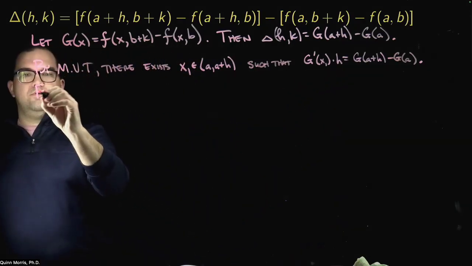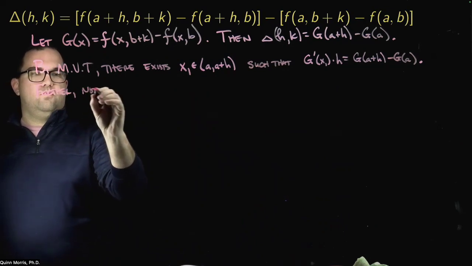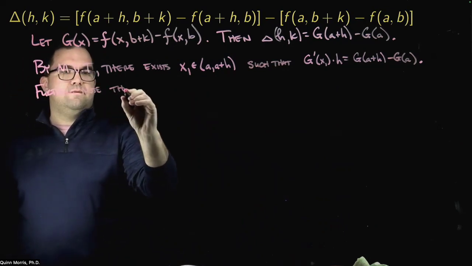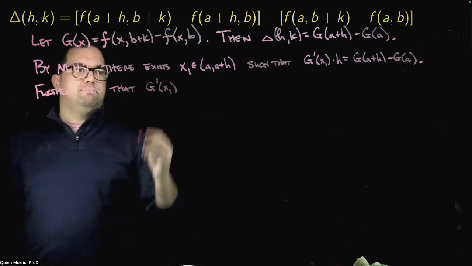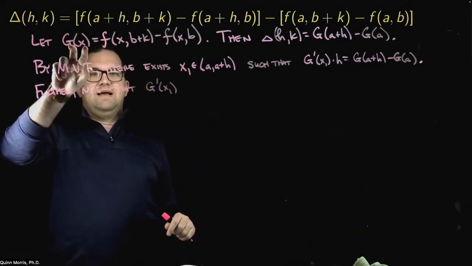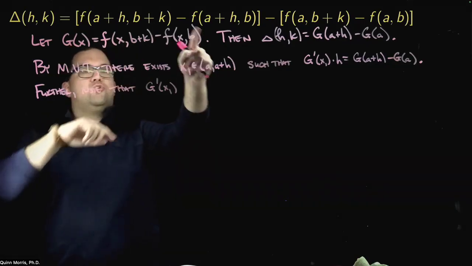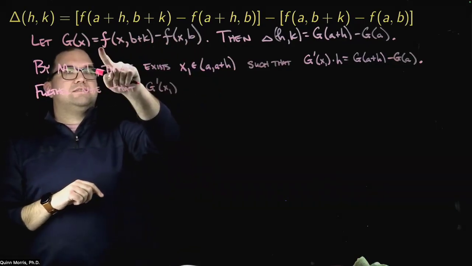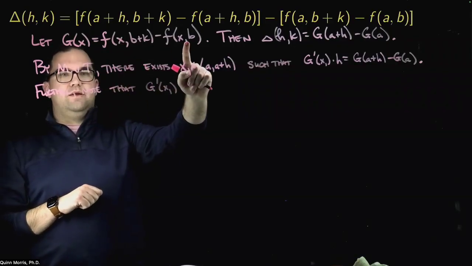But further, let's note that what is g prime of x1? Well, g is this, g prime of x, that's taking a derivative of this with respect to x. If I were to take a derivative of this with respect to x, that's really taking the partial derivative of f with respect to the first variable.